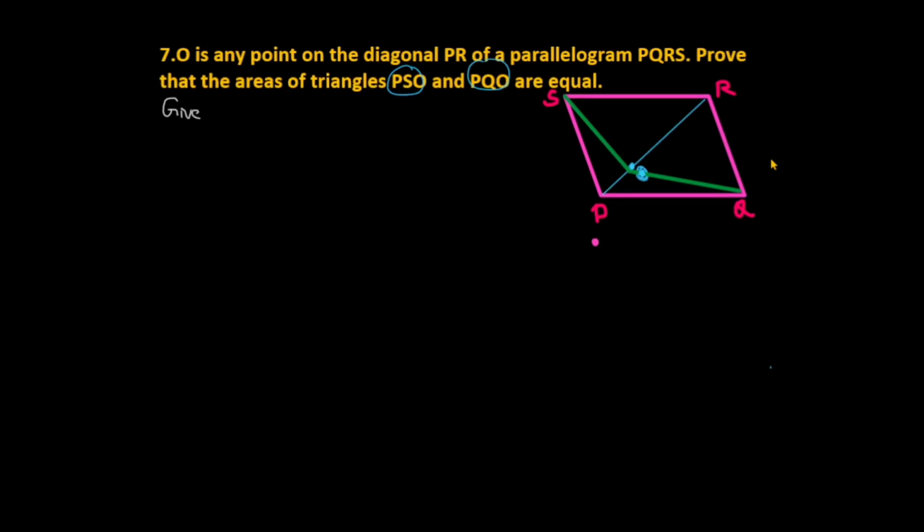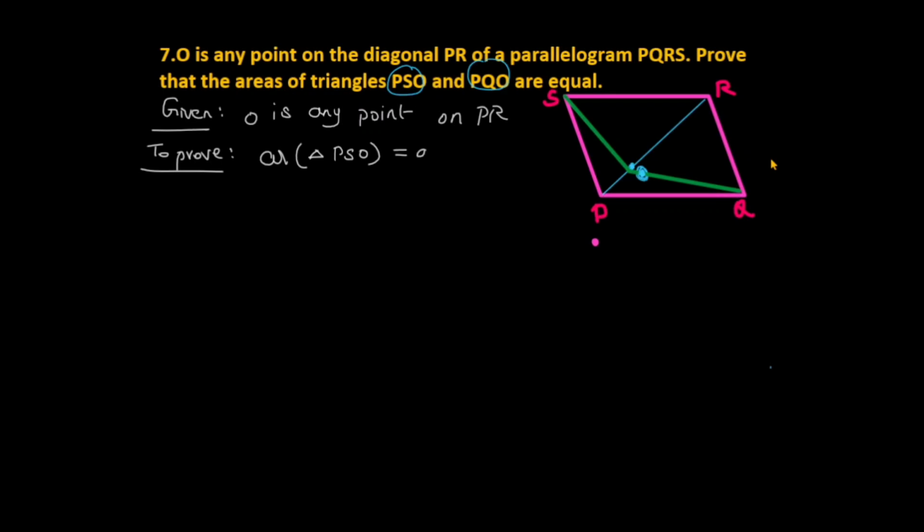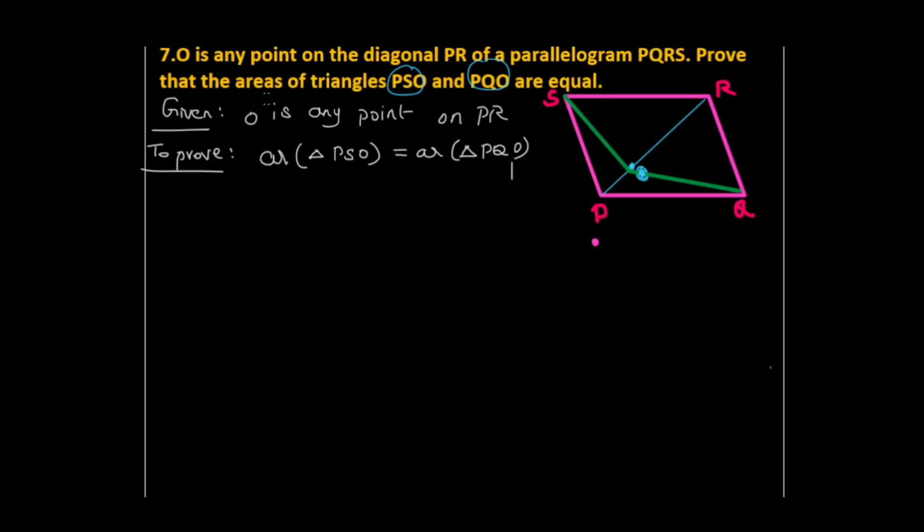To prove, we need to prove that the area of triangle PSO is equal to the area of triangle PQO. So in the figure we saw the triangles, and we need to prove that these two triangles are equal.